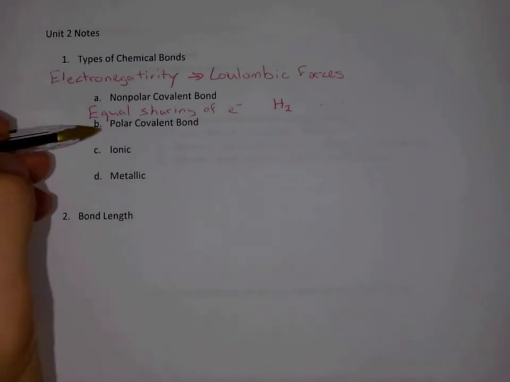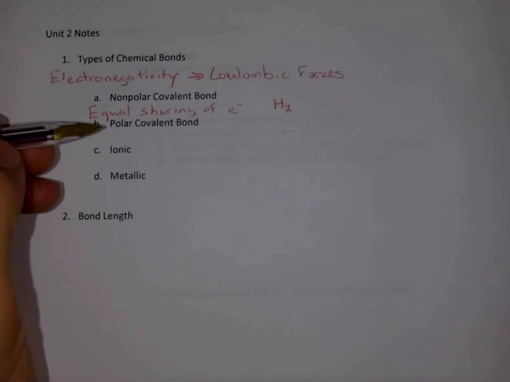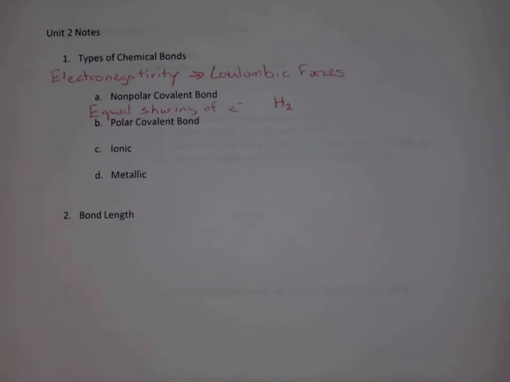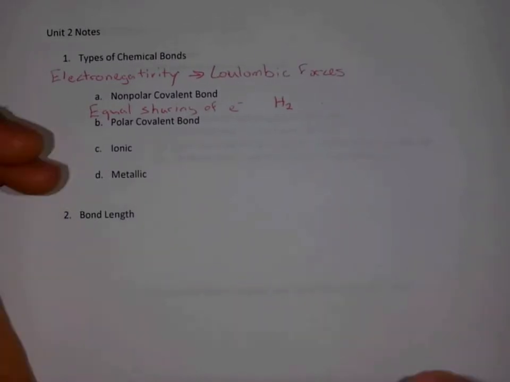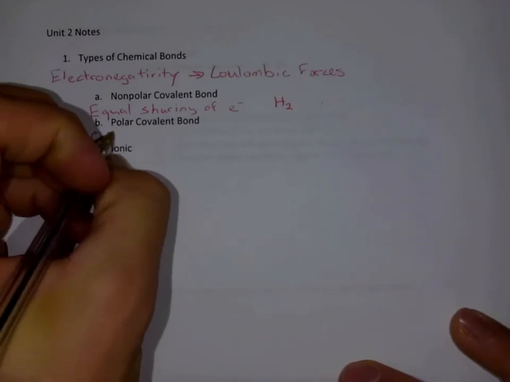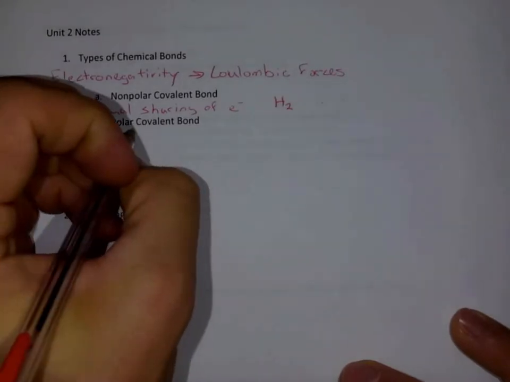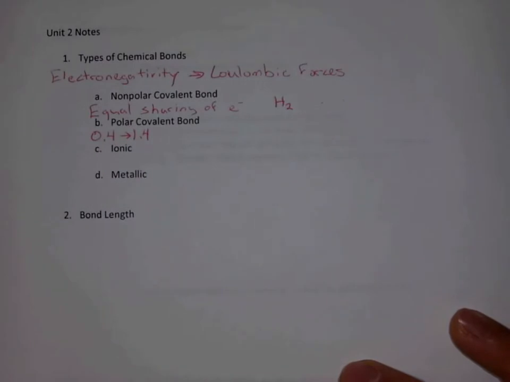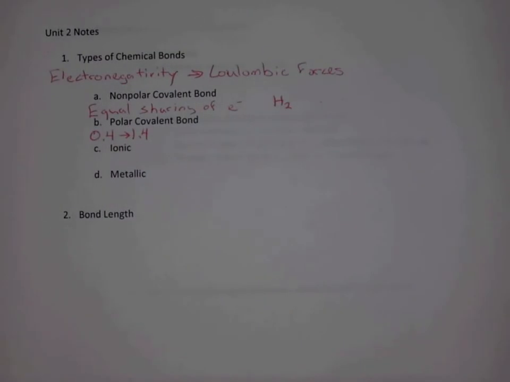A polar covalent bond, however, if we look at the electronegativity values, we'll see that the difference is above 0.4, up to 1.4. Within that range, we see that one atom is really pulling on the electrons a little bit more than the other.